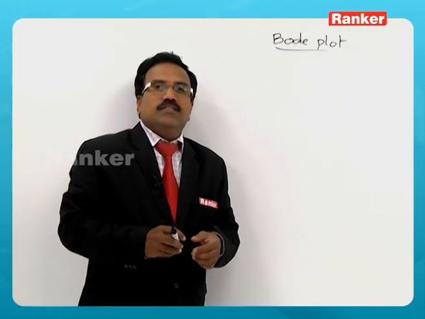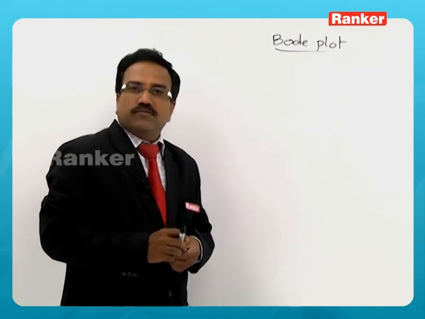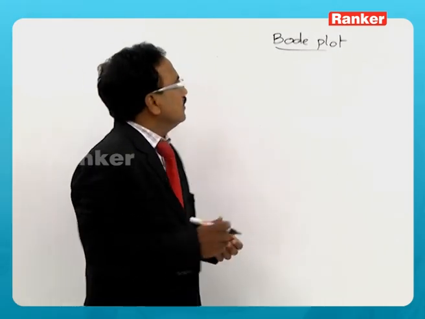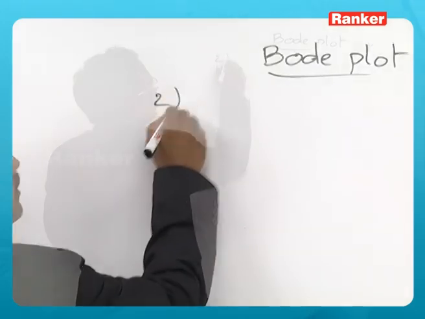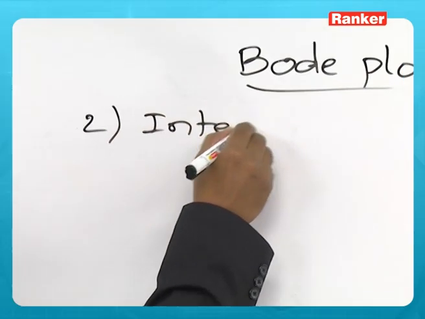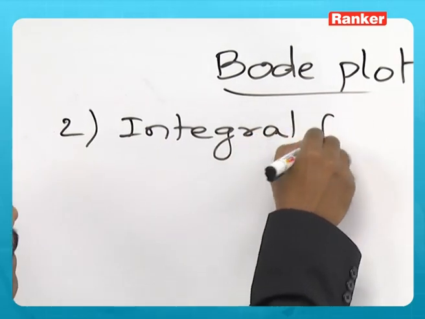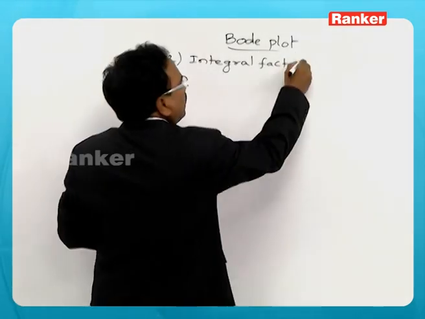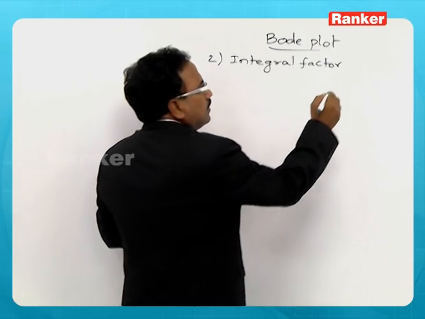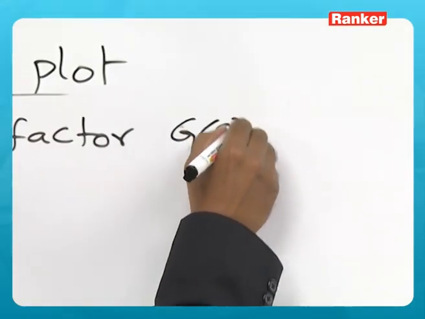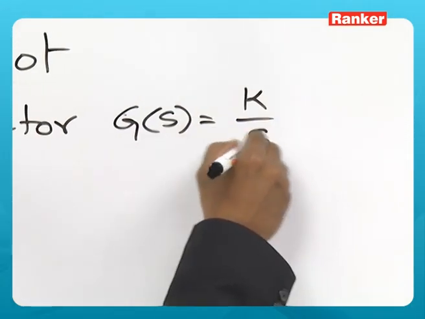So, let us see the magnitude variation for another factor, say the integral factor. The meaning of integral factor is that the function G(s) is equal to K by s.